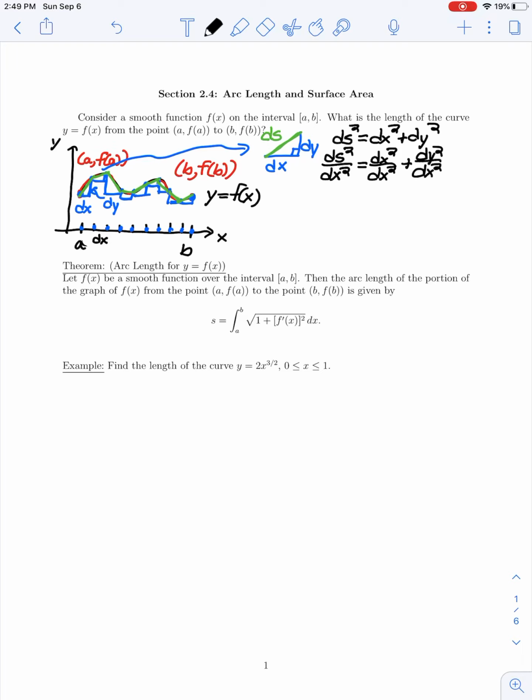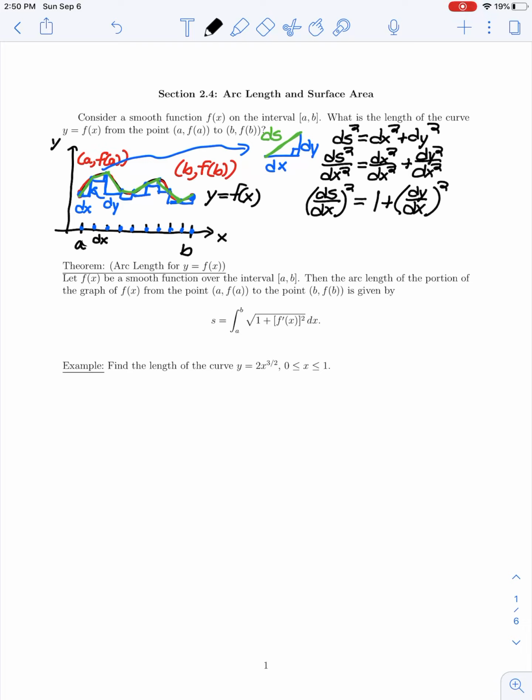So what does this buy me? Well, the left-hand side of our equation is now (ds/dx) quantity squared, which is equal to 1 plus (dy/dx) squared.